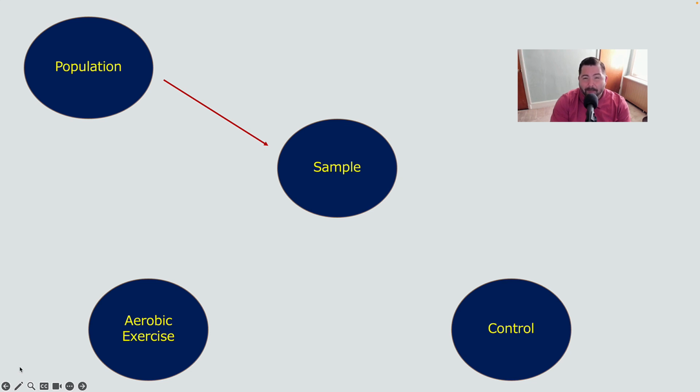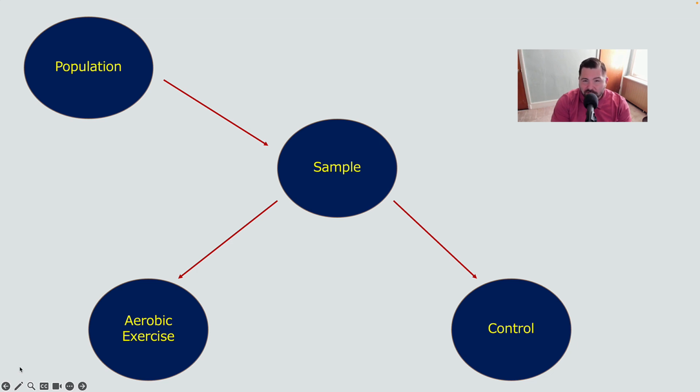But then among the group of people in the sample, we can randomly assign them to either an experimental group, such as aerobic exercise, or to a control group, which is the absence of aerobic exercise. And so in this particular case, when you look at a bubble diagram or a schematic such as this, remember, we're always starting out at a population parameter of interest, and it's impossible to evaluate every person in that population.